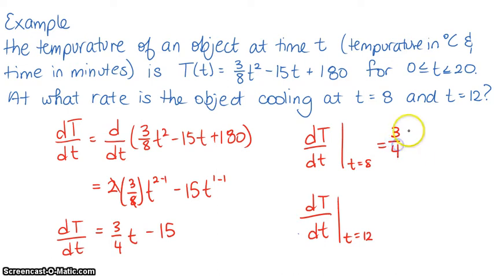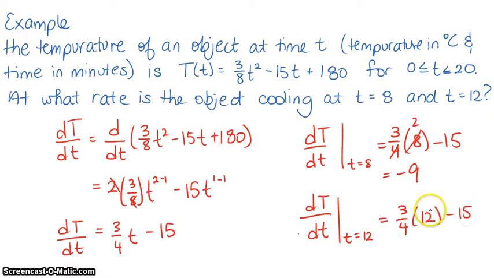So 3 over 4 times 8 minus 15, which is 6 minus 15, so it'll be negative 9. In this case here, 3 over 4, plug in 12, minus 15, so 9 minus 15, so you're looking at negative 6.